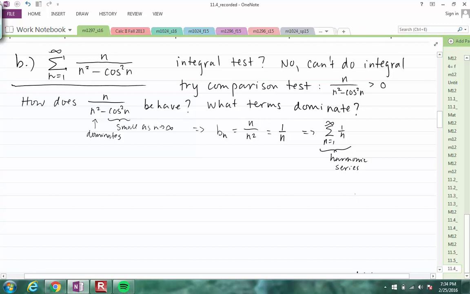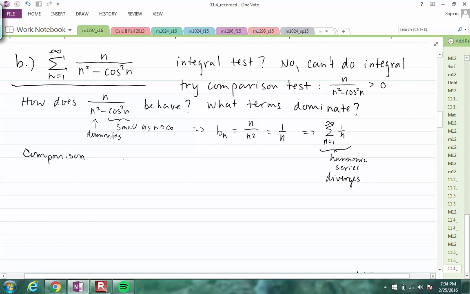All this comes up a lot, so maybe just remembering the harmonic series diverges is worthwhile. Then the next thing is we're going to do our comparison, hence the name of the test here.